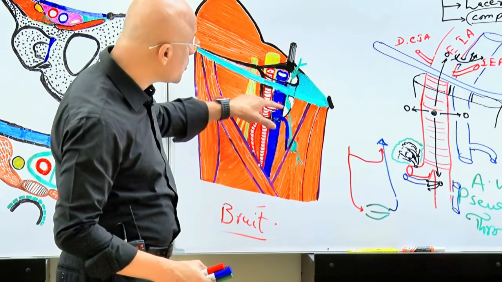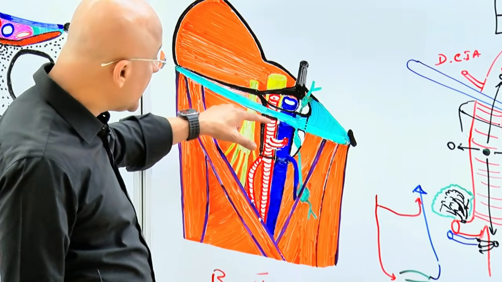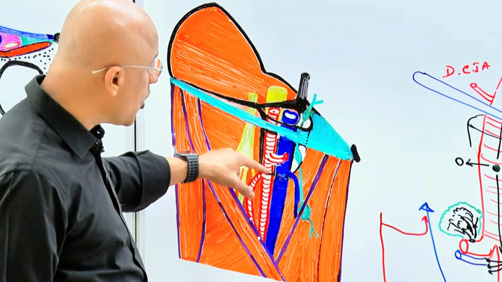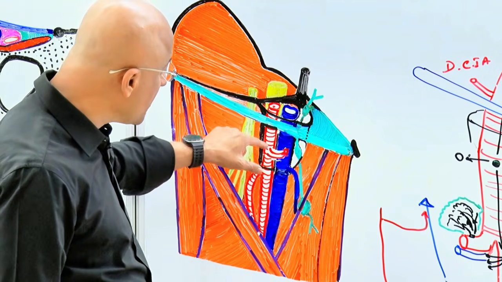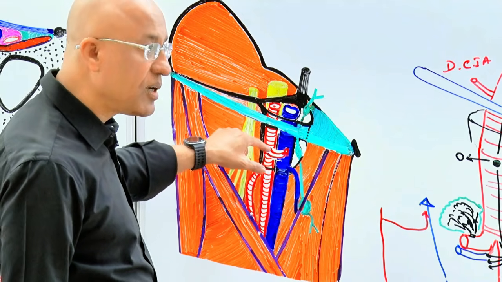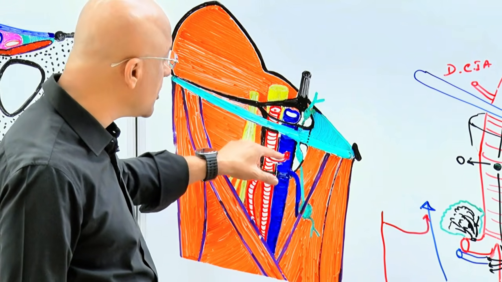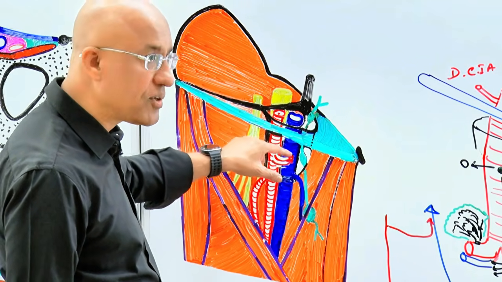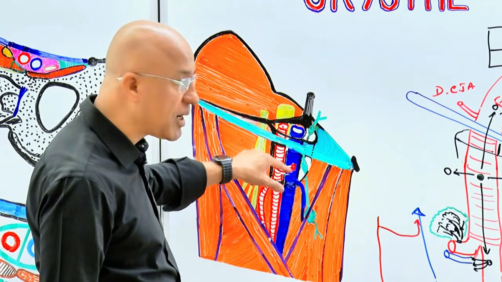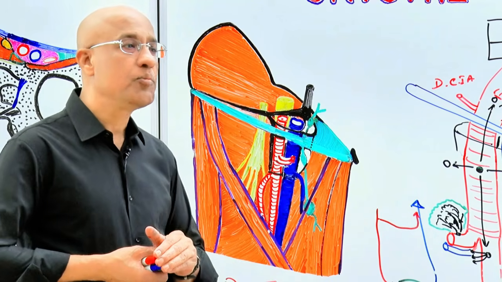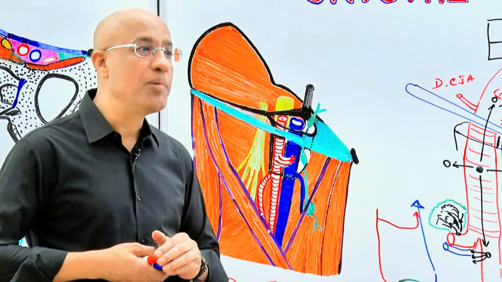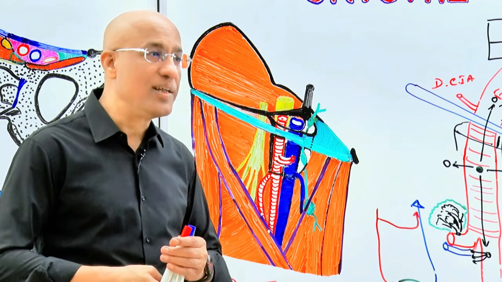This bruit is produced because blood is not moving in a normal laminar fashion. Rather, when it immediately and suddenly diverts into the venous system, the high pressure, low pressure difference makes the velocity of the blood very high, and that produces audible turbulence.